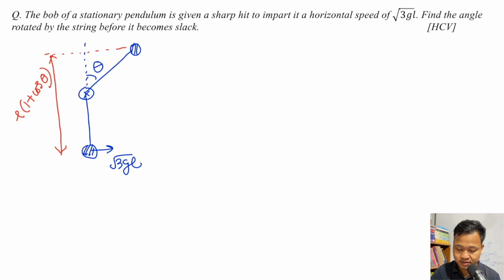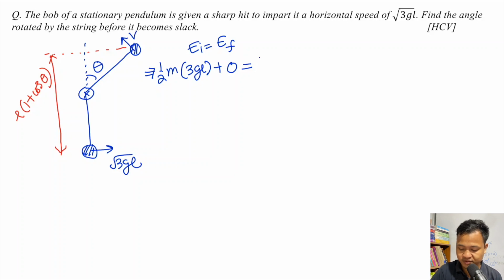Conservation of energy: initial is half m into root 3 gL squared, plus potential energy 0, equals final kinetic energy, with velocity v here, half m v squared, plus potential energy mgh, which is mg into L times 1 plus cos theta.